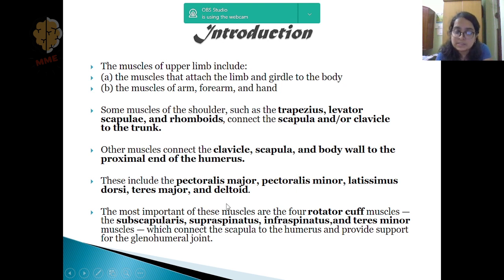So now the most important of this group of muscles are the four rotator cuff muscles. Now, what is the rotator cuff? I'm going to touch upon that later on in this video. But for now, just remember four muscles form the rotator cuff, four very vital muscles. You can remember the mnemonic SITS: subscapularis, supraspinatus, infraspinatus, and teres minor.